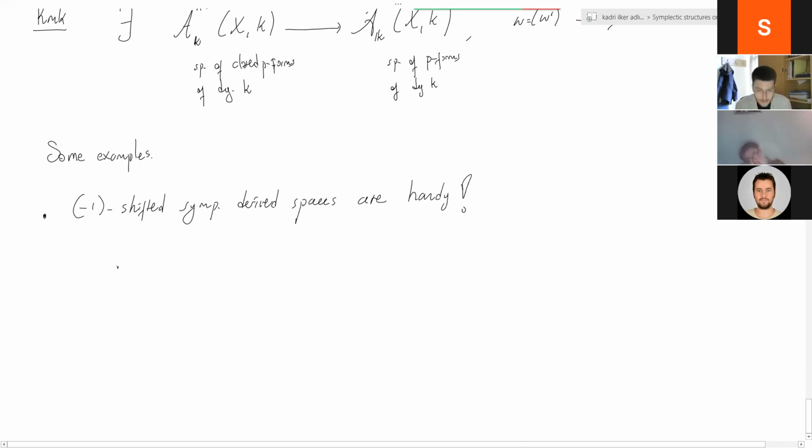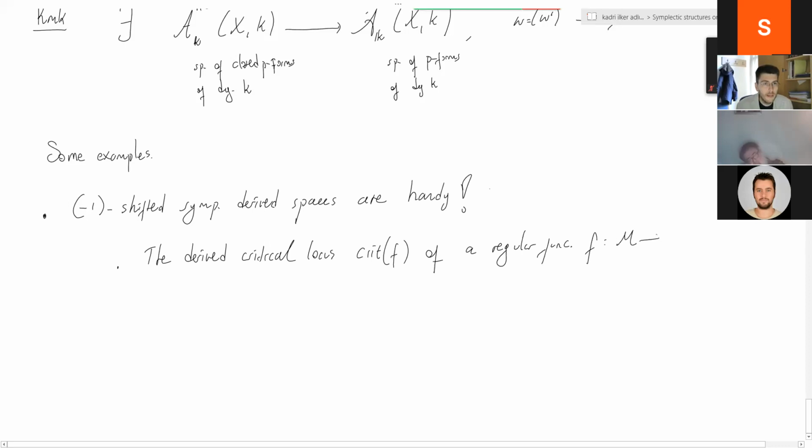For instance, if you look at the derived critical locus, Crit f, of a regular function, let's say f from M to A1, or any open neighborhood, on a smooth K-scheme. This object has a -1 shifted structure.